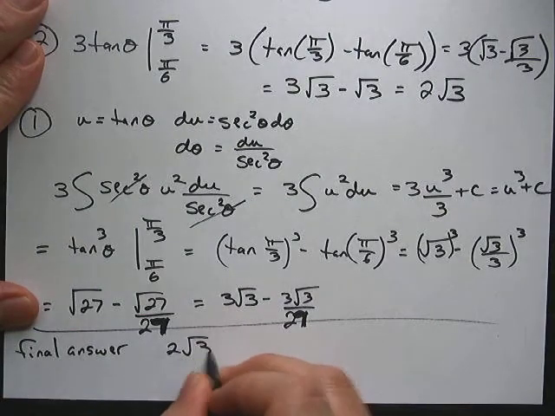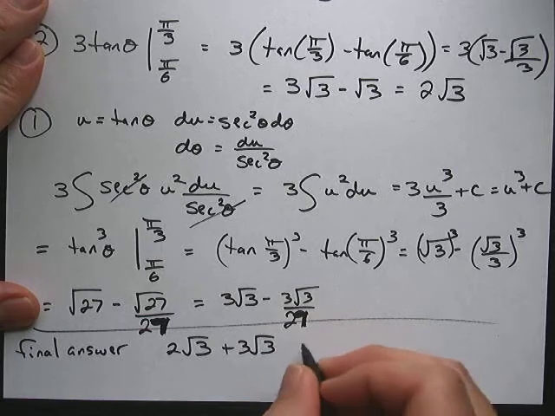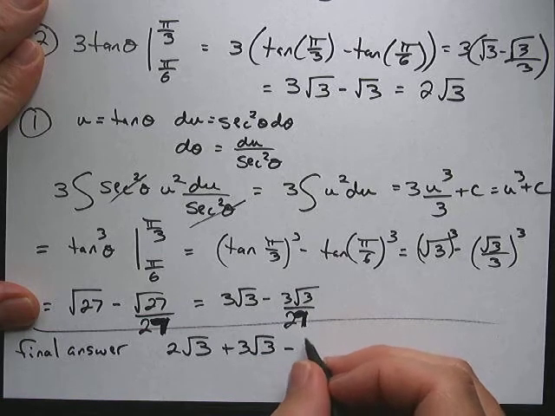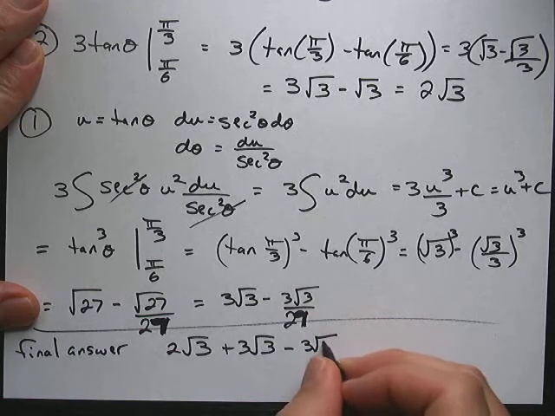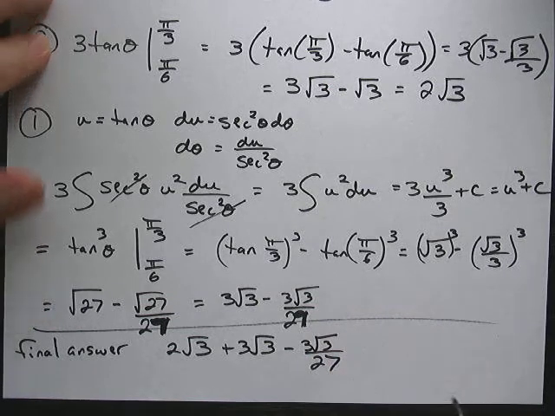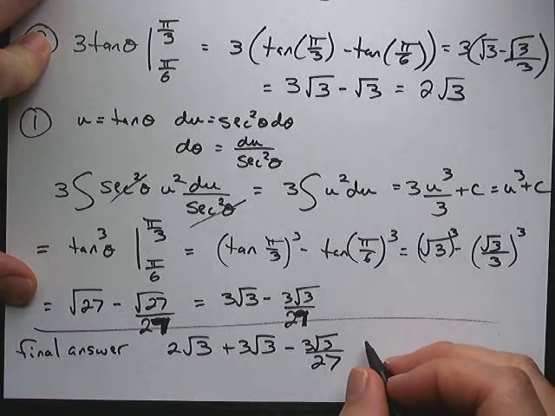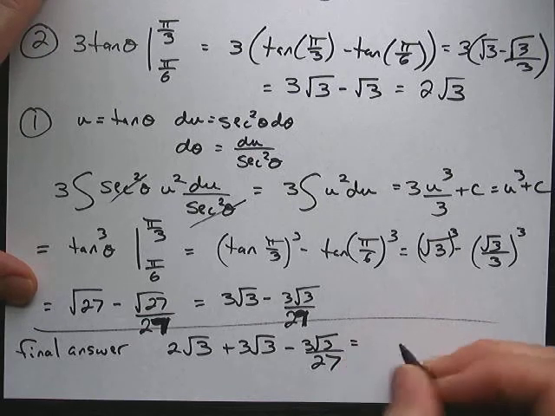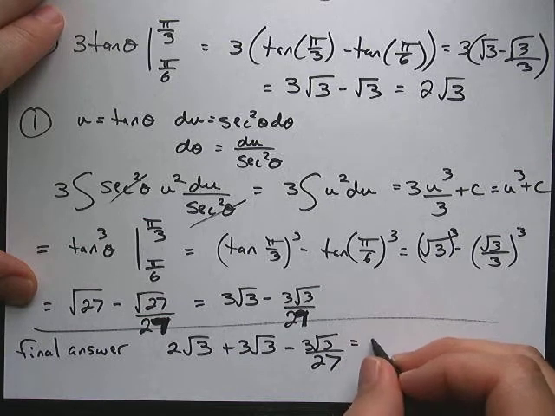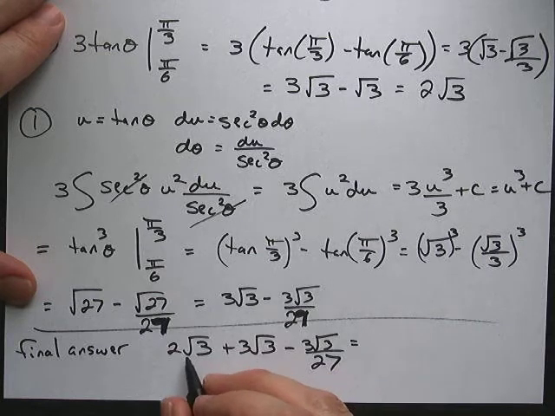So 2 root 3, and then we'll do this one, plus 3 root 3 minus 3 root 3 over 27. Of course, the 27 and the 3 will reduce and make it over 9. Okay, since this is going to have a denominator of 9, let's make these have a denominator of 9 so that we can combine those together. So in the next step, what would we need to make a denominator 9? We'll multiply top and bottom by 9.